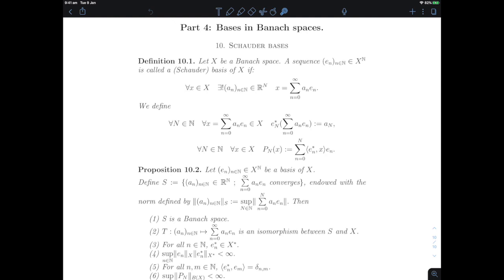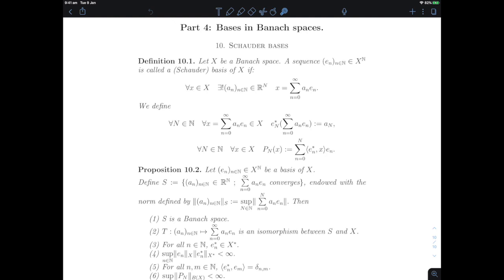And in that sense, the e_n star combined with the e_n, this double family, one in X star, one in X, forms what's called a bi-orthogonal family, in the sense that e_n star applied to e_m is going to be 0 whenever n is not m, and is going to be 1 whenever n is equal to m.